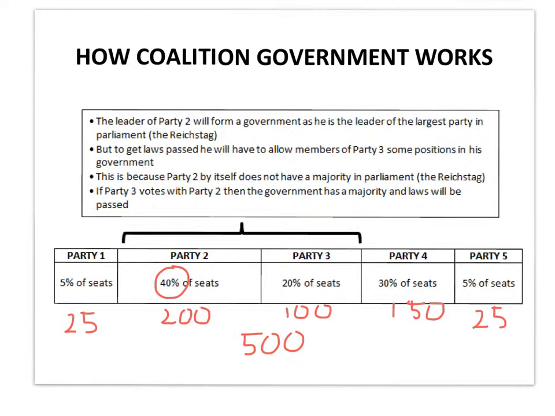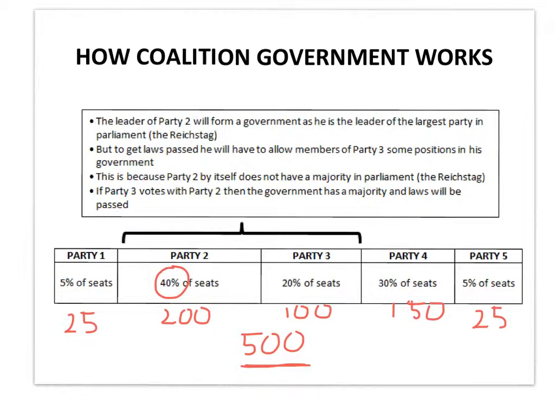Now, remember what we said earlier, to get laws passed, you've got to basically get 50% of the members of the parliament behind you. So with this one, you wouldn't be able to get one party to vote to get laws passed.